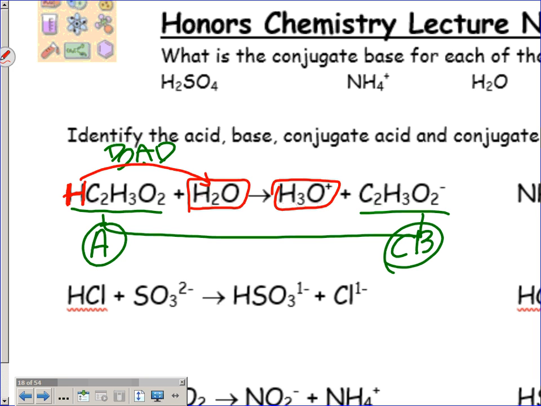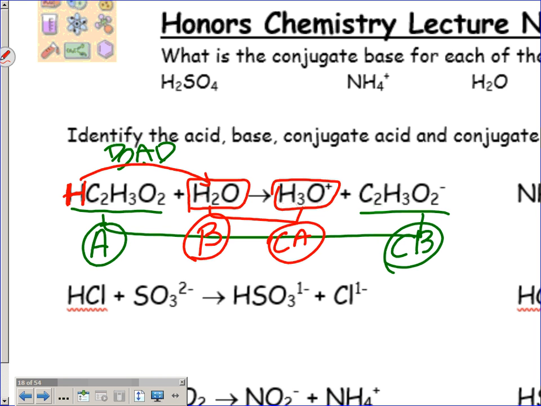We say it's accepting an H+, right? So it's an acceptor. Acceptors are bases, according to Bronsted-Lowry. If I'm the base here, I make a conjugate acid. So the descriptors acids and bases are labeled on the reactant side. Conjugate acids and conjugate bases will be labeled on the product side.